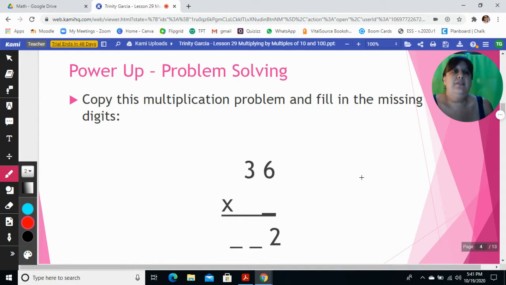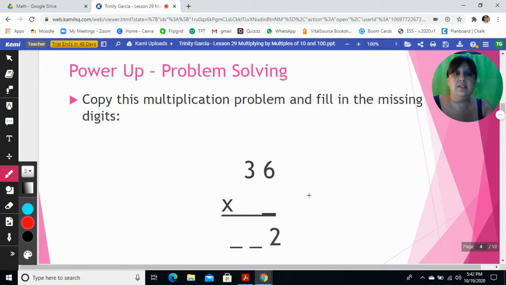If you look at those numbers, which two of those could you use and still get an answer that ends in 2? Well, you could do 6 times 2, and that would give you 12, so that would end in 2. But if you did that, you would not get a 3-digit answer when you multiplied the 2 by the 3. You would just get a 1-digit answer, right? So we know it's not that one.